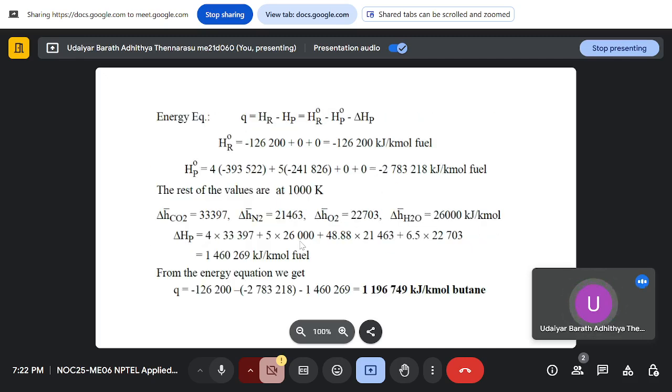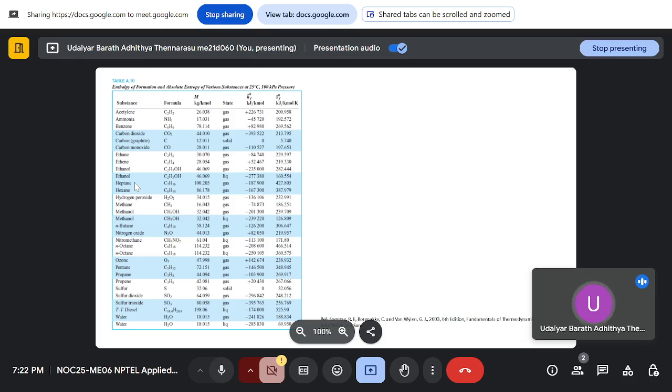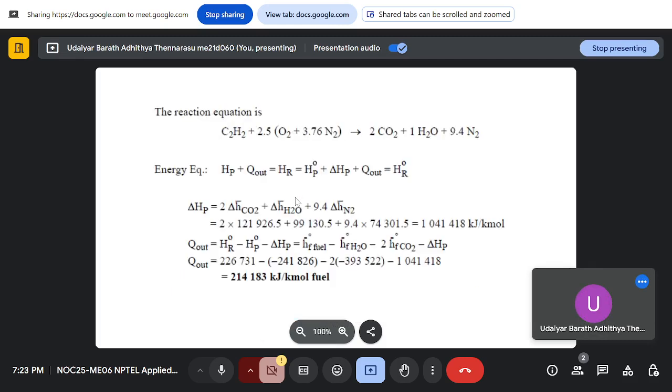Similarly for water from the table, which is 285830, and CO2 393522. Substituting the values and the enthalpy change, it gives you the heat let out is 214183 kilojoule per kilomole of fuel.